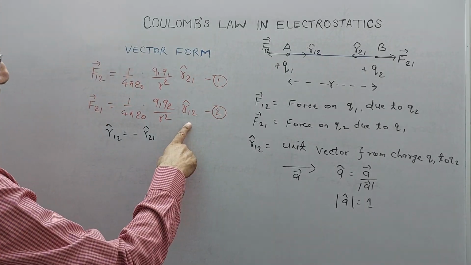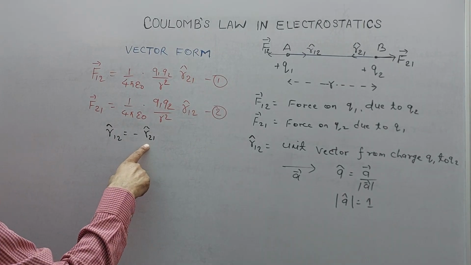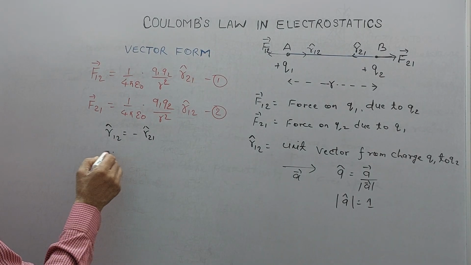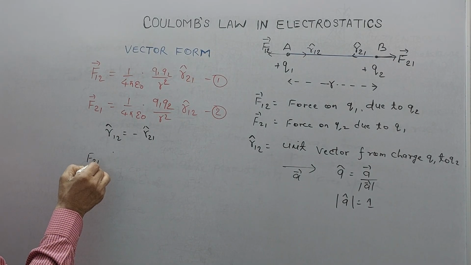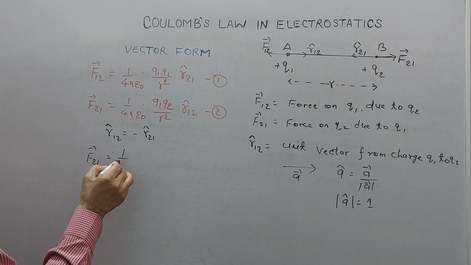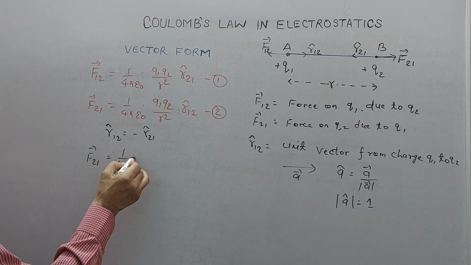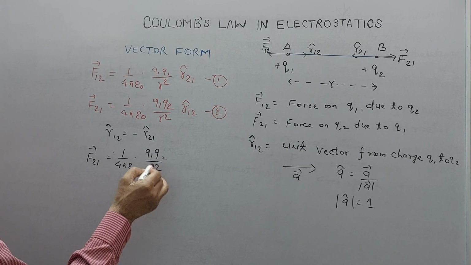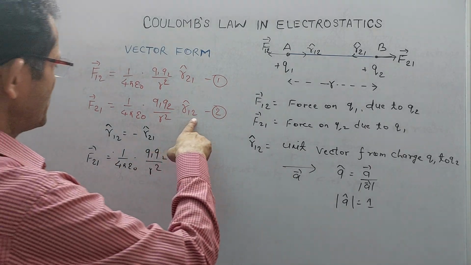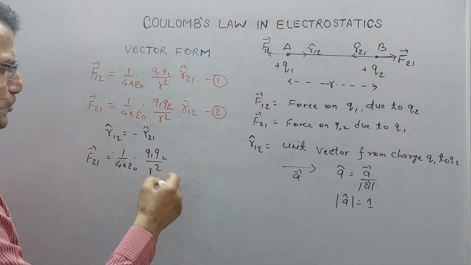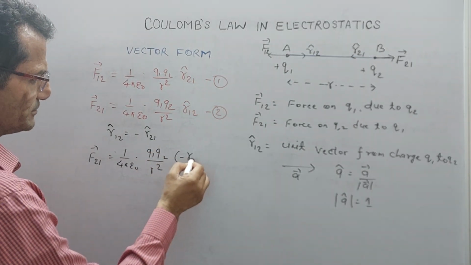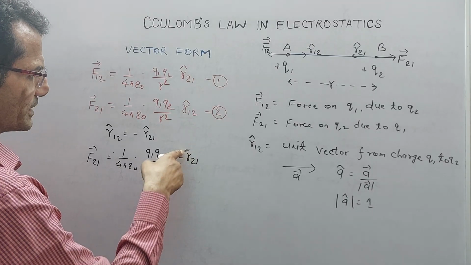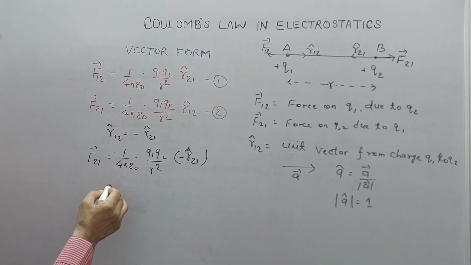If I replace r12 cap by minus r21 cap, F21 can be written in this format: 1 upon 4 pi epsilon naught, product of the charges divided by r square, and here minus r21 cap, with the minus taken outside.